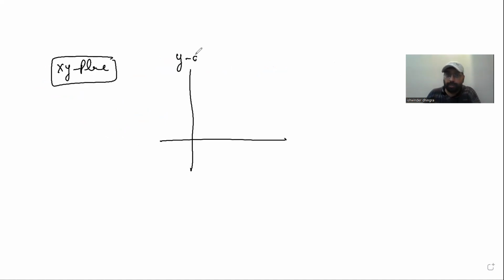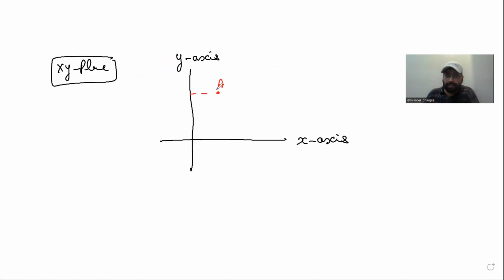If you take this as the Y axis and this as the X axis, I hope you know what a coordinate is. If we are given a point A, I can locate it using the x-axis and y-axis.